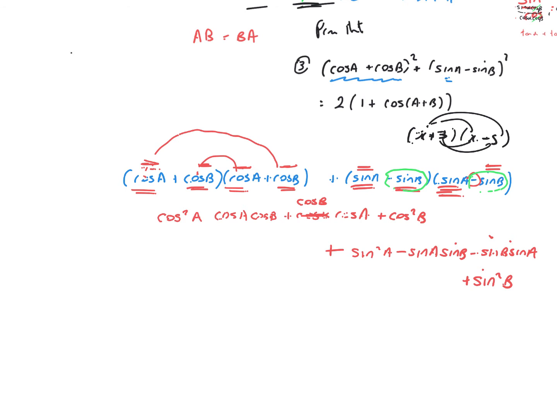I'm going to first collect together the cos squared A, and is there anything I can collect that with? Well, no, there are no more cos squared A's, so I'm going to score that out and then collect it with cos squared B.